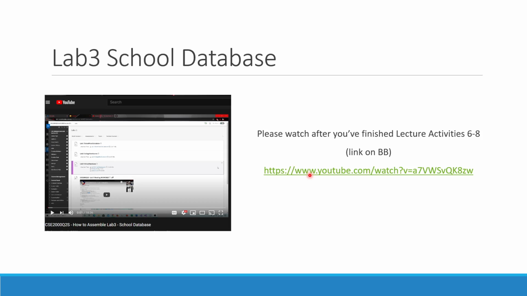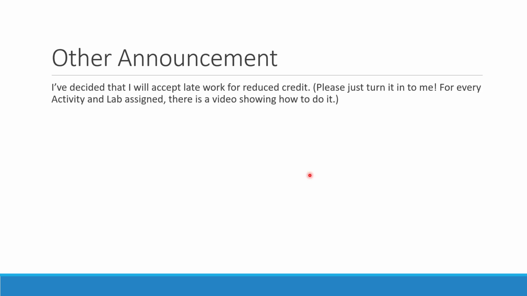Please get it to me by midnight tonight. But if you don't, turn it in anyways, because I've made an announcement before that I will accept late work for reduced credits. So please turn in all the assignments to me, because for every assignment for this class, there is a video showing how to do it. Turn it in so that I can grade it and you can pass this class.